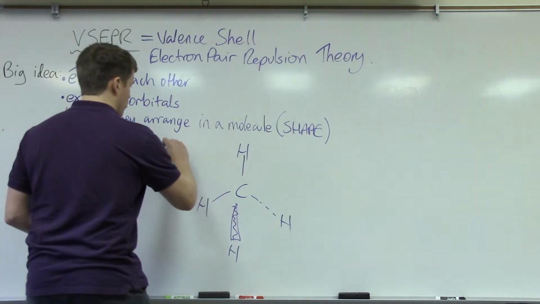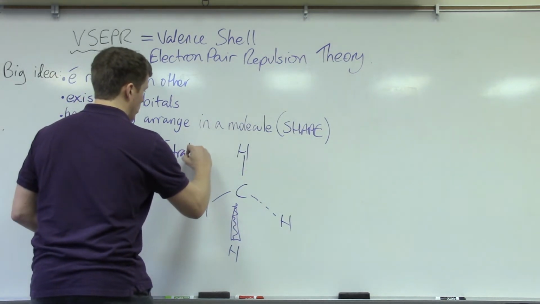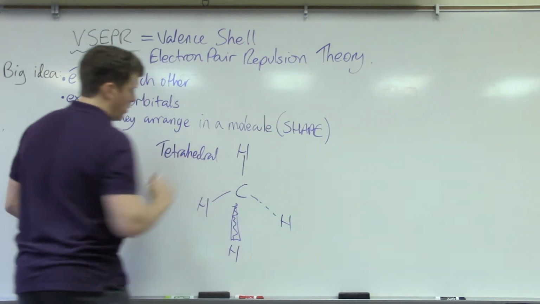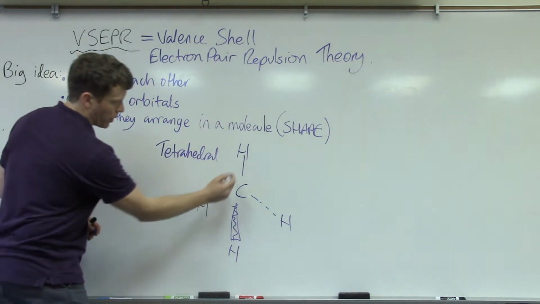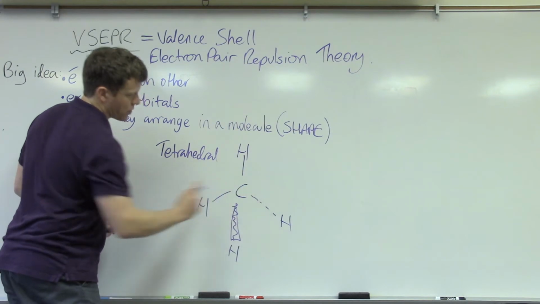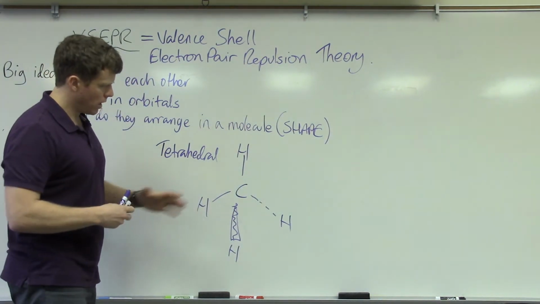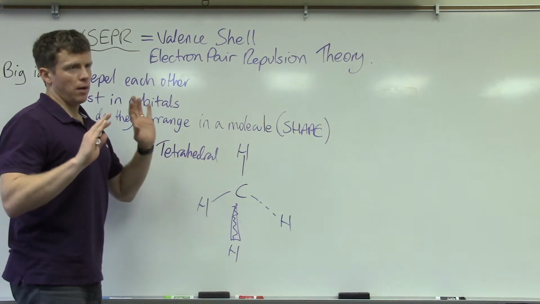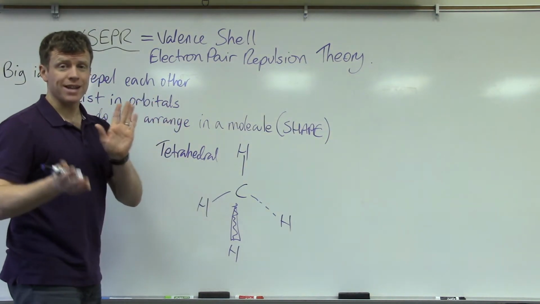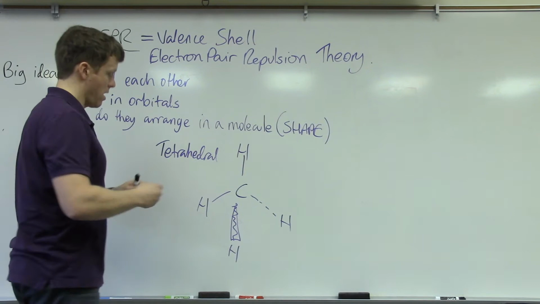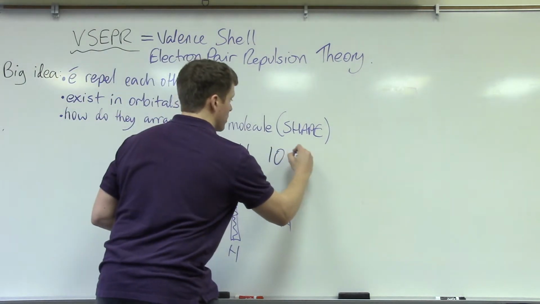So this is called a tetrahedral. These are four equal bonds. These are all bonded pairs, so they're all repelling each other equally. The maximum distance that these bonded pairs can have from each other and still stay in the molecule is 109.5 degrees.